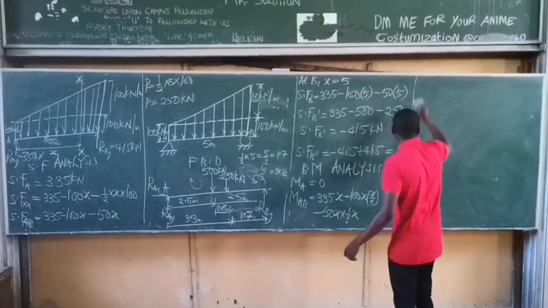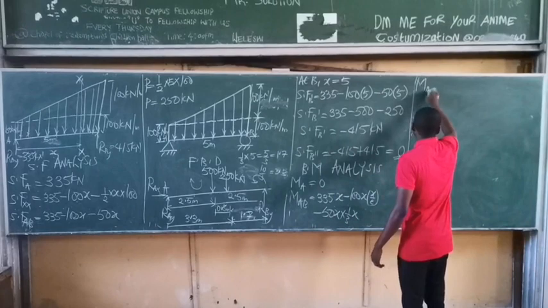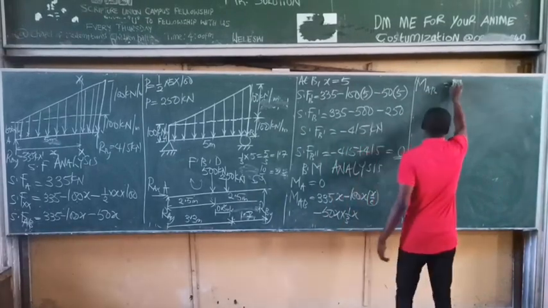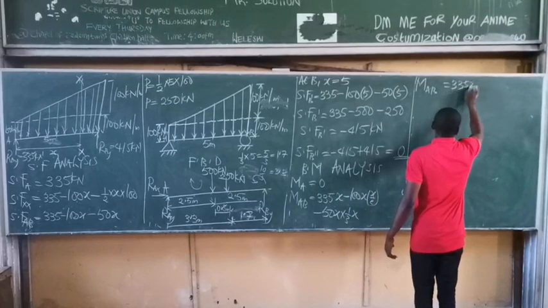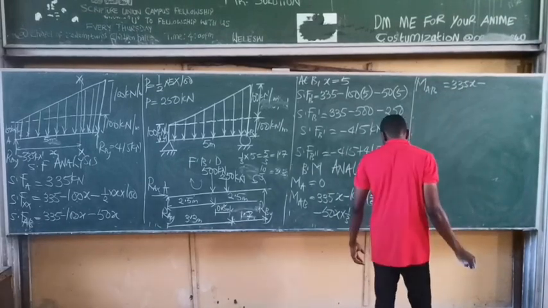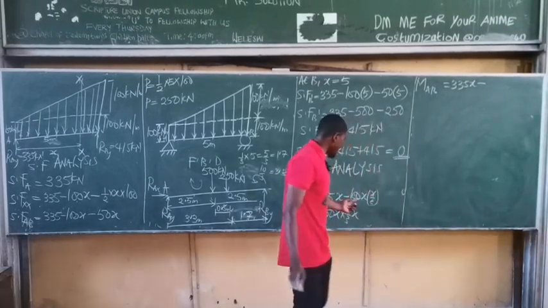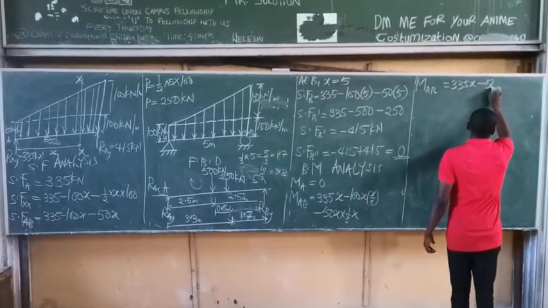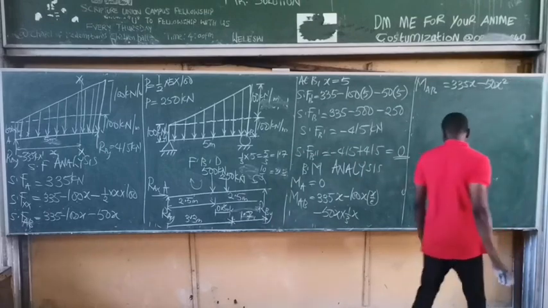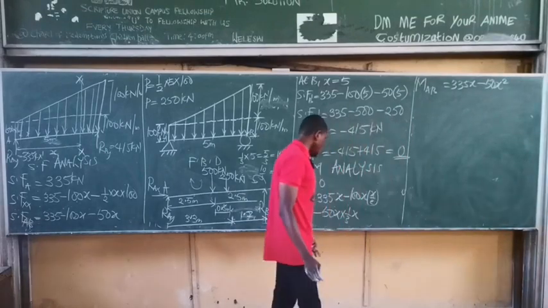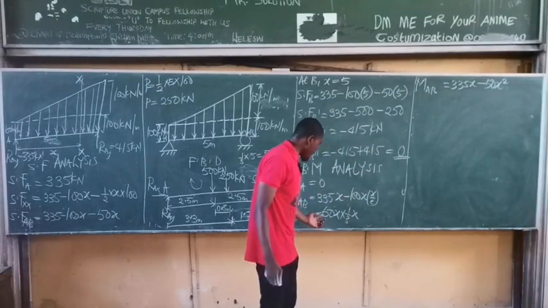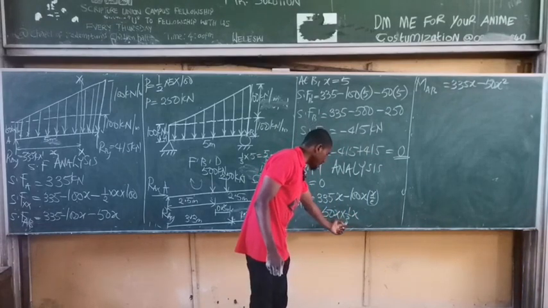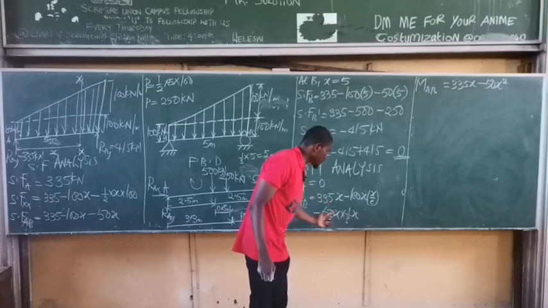Okay, so if you want to rewrite this, I can take this off now. So moment along AB is now equal to 335x minus, take note, 10x times x over 2 becomes 50x squared. And here we have 50x times 1 over 3 of x, which is 50 over 3 times x squared.